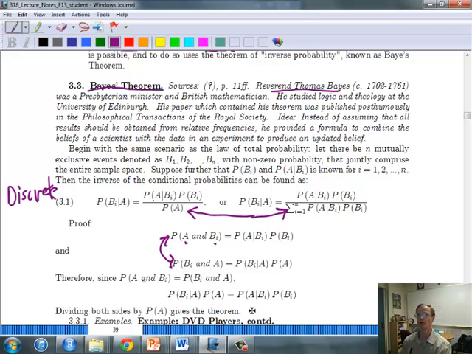Yes, they are. So let's set them equal to each other. And I get these two expressions equal. Now, I'm going to divide both sides by the probability of A, because I want to get rid of that. So I put the probability of A over here, and we're done. That's the result. Okay.